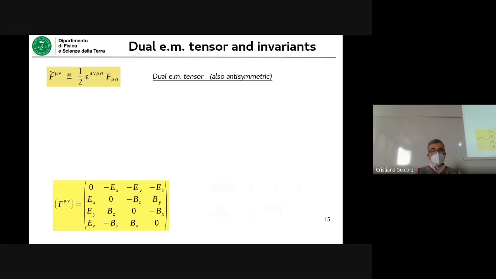I'm still implicitly assuming the Einstein summation convention, so rho and sigma in this specific case are mute indices, summed, and you are just left with mu and nu. These are two tensors, so the newly defined dual tensor is also a tensor.